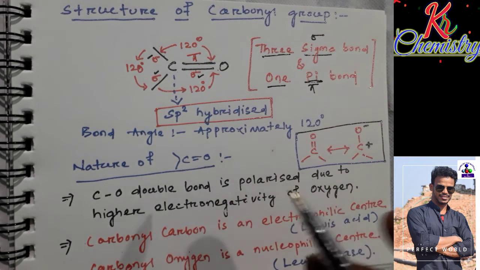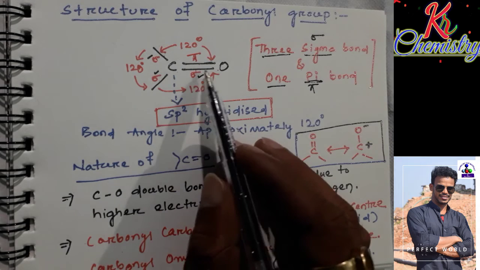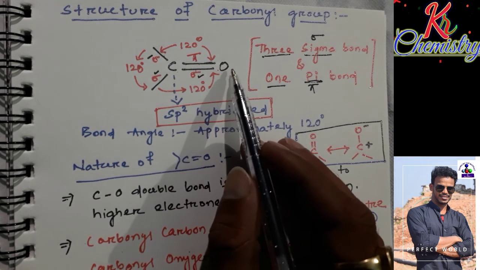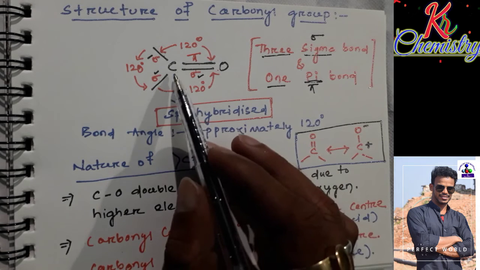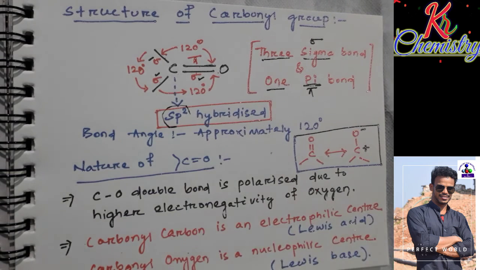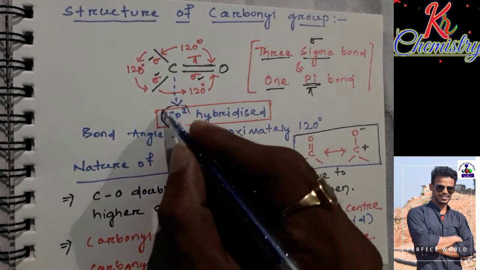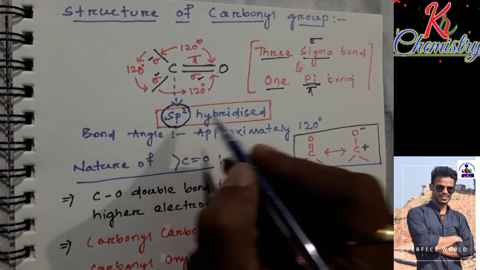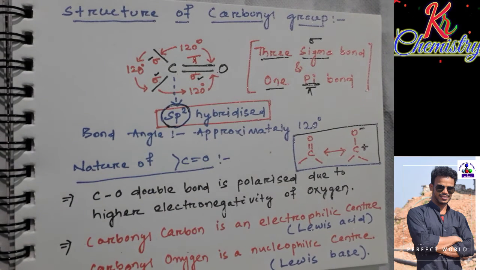Another thing: this carbon atom is double bonded to the oxygen atom, so this carbon atom is sp2 hybridized, the sp2 hybridized carbon atom in the carbonyl group.